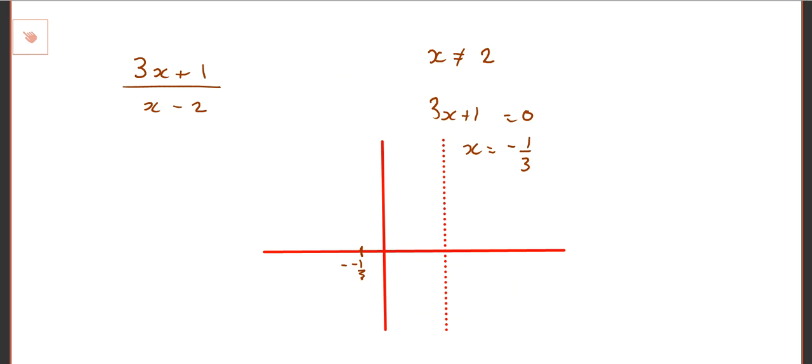What value can this never take? It's not 1. It can be 1. It's 3. Because if these numbers are not the same, what it can never be is 3x divided by x, which is basically 3 divided by 1, yeah? So it will never be 3.